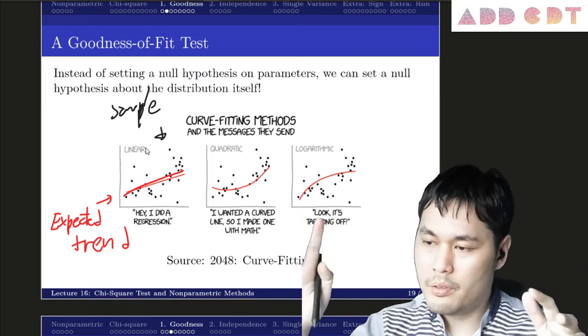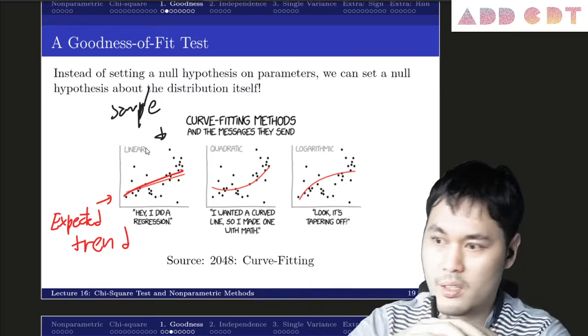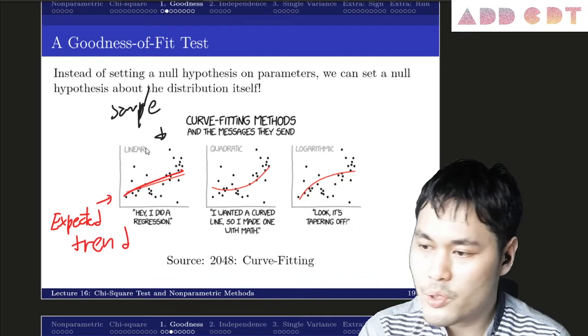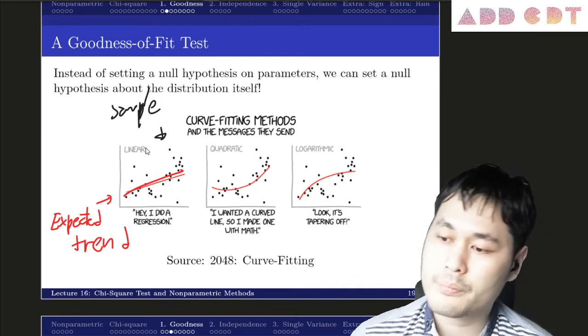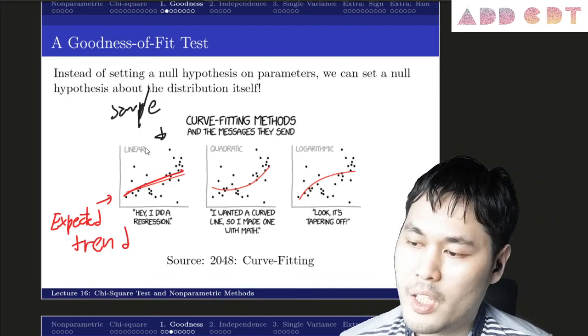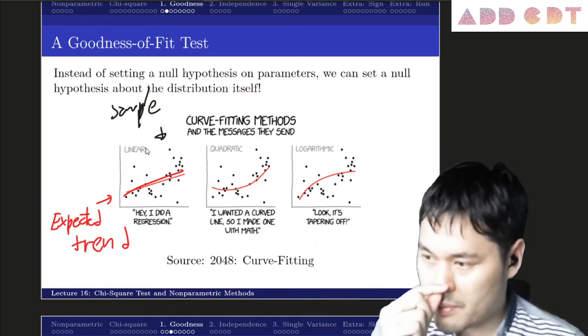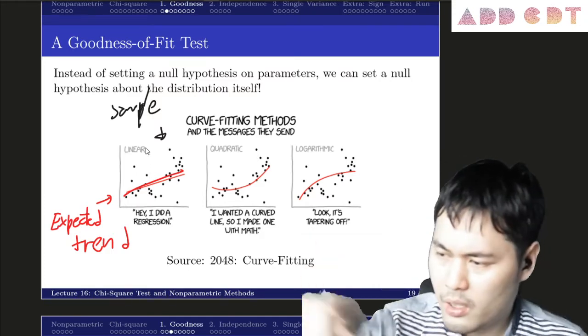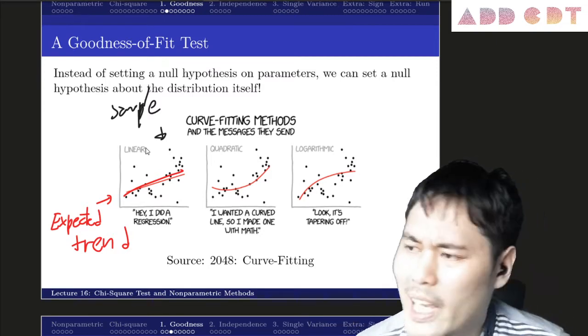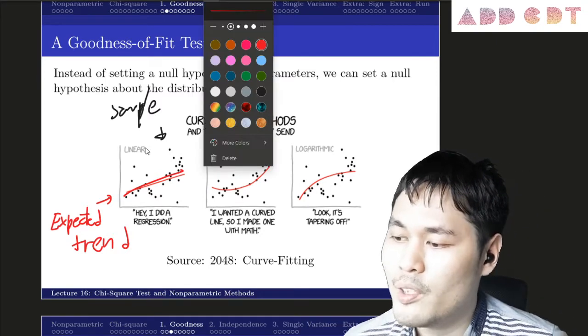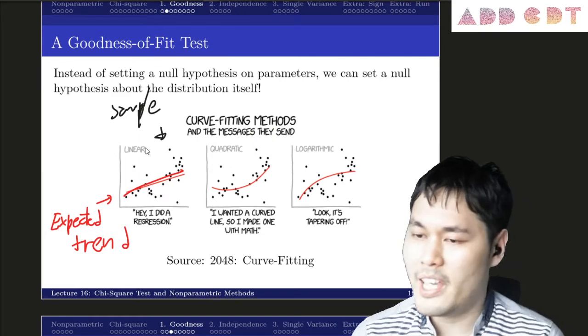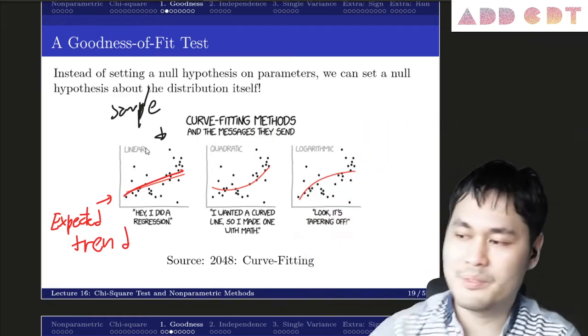And when you want to say if these two things look close enough to each other, if maybe we expect it to be linear, you draw a line. We might expect it to be quadratic, logarithmic, or whatever line you want to. If you look at the full comics, they have like 12 or 9 more.